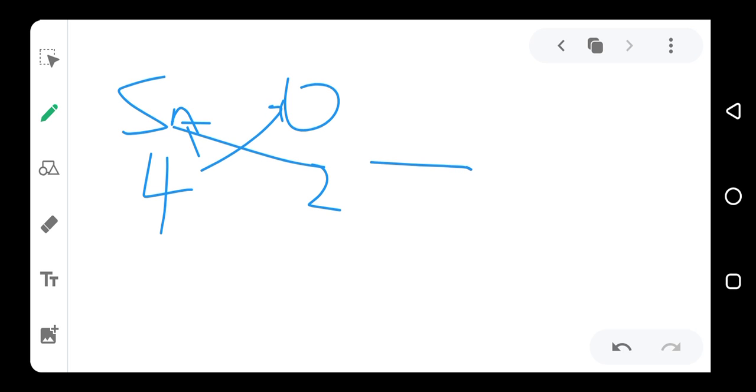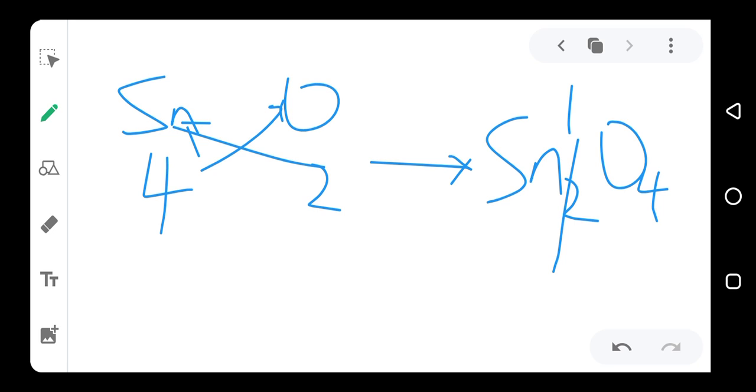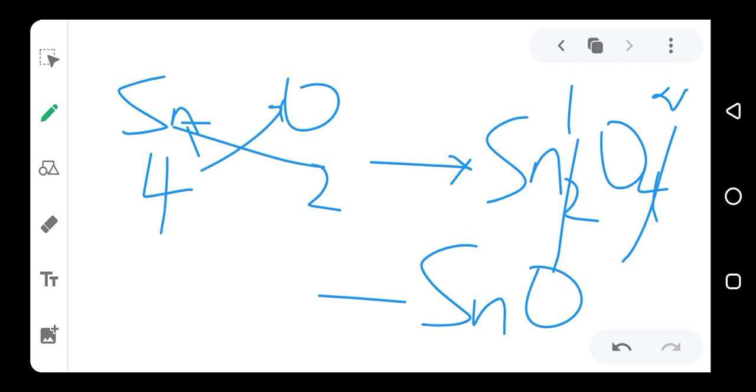So we have Sn2O4. Now something can cancel. 2 can go, we get 1. 2 goes, we get 2. So we have the final one as SnO2. So the formula of tin oxide is SnO2.